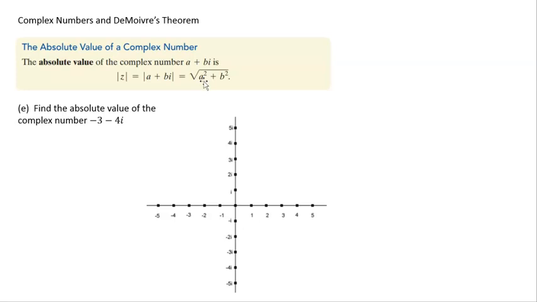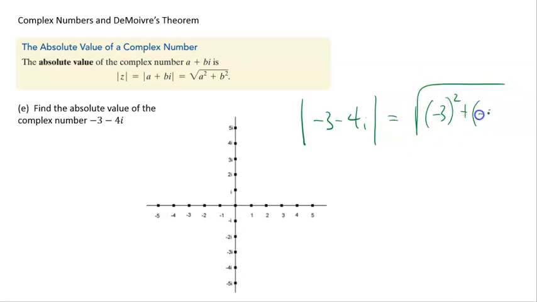Okay? Now, if I draw that out for you, you can see this happening. Now, let's just do this. Find the absolute value of the complex number -3 minus 4i. So, if I use the formula, that would be the absolute value of -3 minus 4i is equal to the square root of -3 squared plus -4 squared. What about the i? Not part of the formula, right?